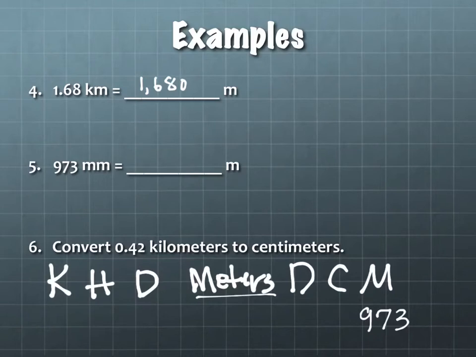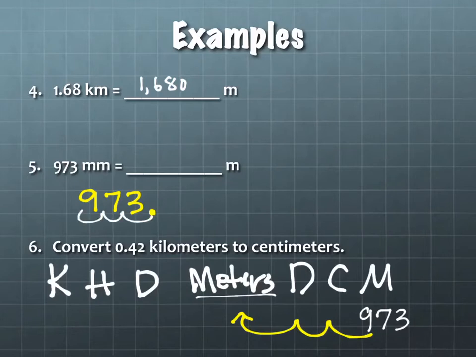So if you count, we're going to change it through 1, 2, 3 locations. So my 973, which has a decimal point right here, will have the decimal point move 1, 2, and 3 times. So the decimal point will land right before the 9, and I have 0.973 meters, almost 1 meter. Right, that's almost the number 1.